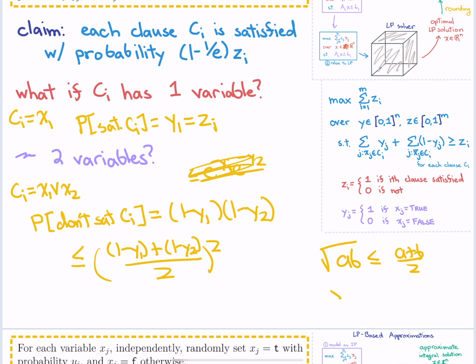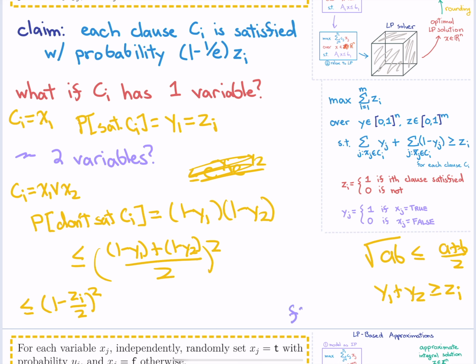Now, y1 plus y2 is probably equal to, but it's at least zi. So I get (1 minus zi over 2) squared. Now I can do the same convexity trick as before.